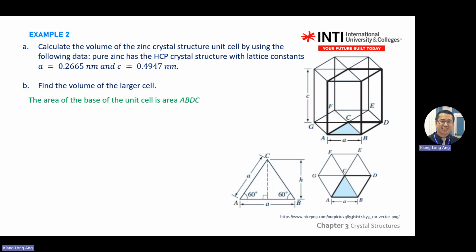Half height and base, right? Multiply by 2 because this is a parallelogram. So once you find the area of one triangle, multiply by 2. So it means it's 2 triangles. So you put in the formula, 2 times half, h and h cancel. You get h multiplied by a.